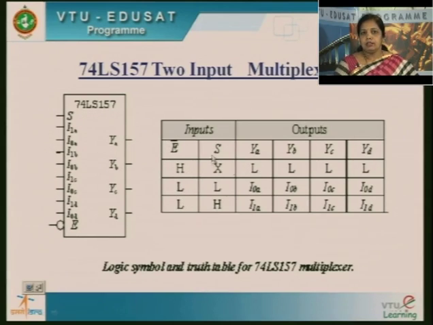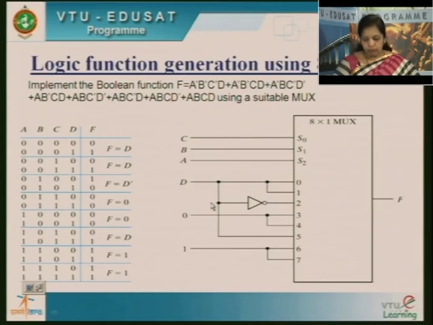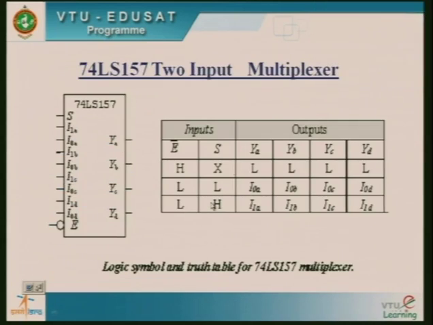When the selection line is high, you will get the other set of outputs. So in this multiplexer we have 2 sets of inputs, and we have 4 outputs. One set of inputs is passed when the selection line is 0.